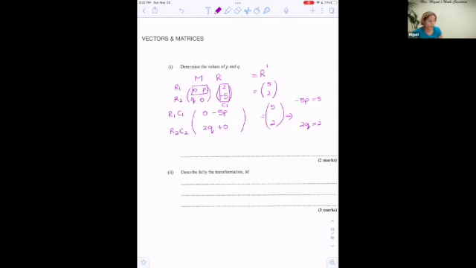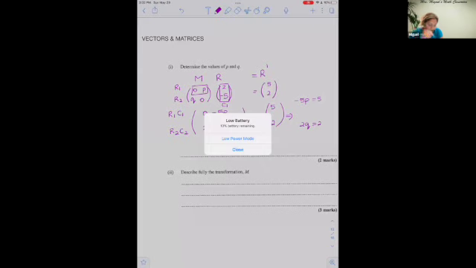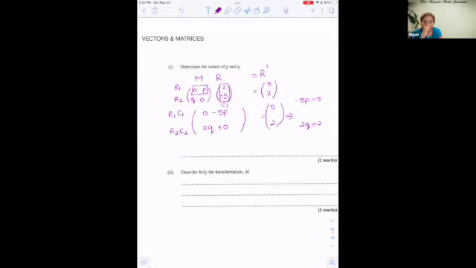Go ahead. So P is minus 1 and Q is positive 1.